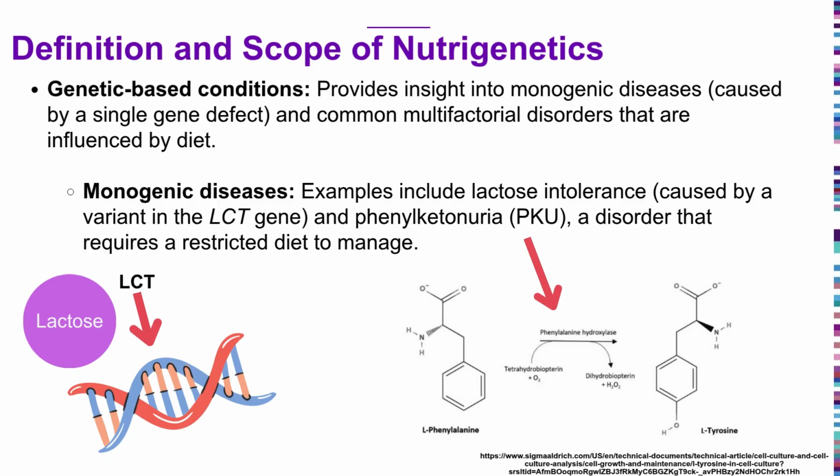The PAH gene provides instructions for the enzyme phenylalanine hydroxylase that breaks down the amino acid phenylalanine into tyrosine. This causes phenylalanine to build up in the blood, which leads to symptoms such as intellectual disability, seizures, and skin rashes. People with PKU must adhere to a low phenylalanine diet.